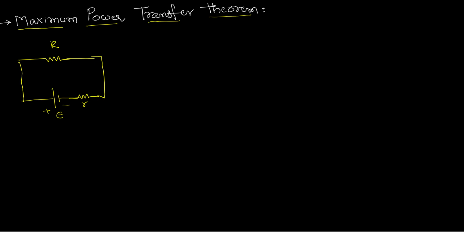So in this case, what is the way that we can transfer the maximum power? If I have to find out how much maximum power is transferred, I should first of all write what the equation for the power is. We know power is rate of change of work done, that's work done by time.